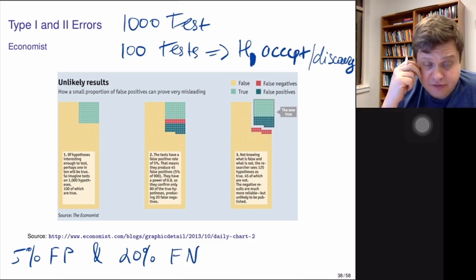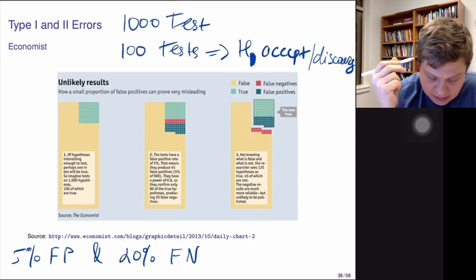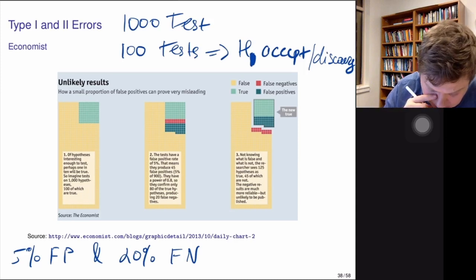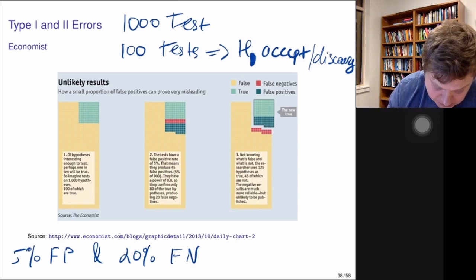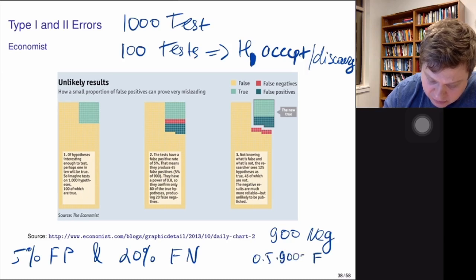If we perform 1,000 tests, we have 900 negatives, and 5% of these are going to be false positive results, which equals 45.